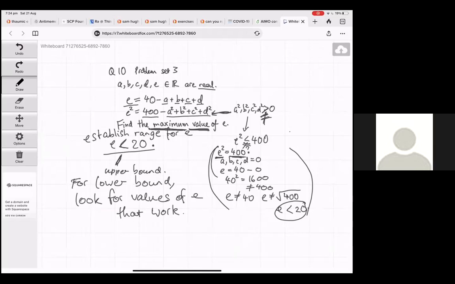So basically, if there is an E that works, we know that the maximum can't be smaller than that value of E, because we already know that that value of E works. Okay, so for a lower bound, look for values of E that work.